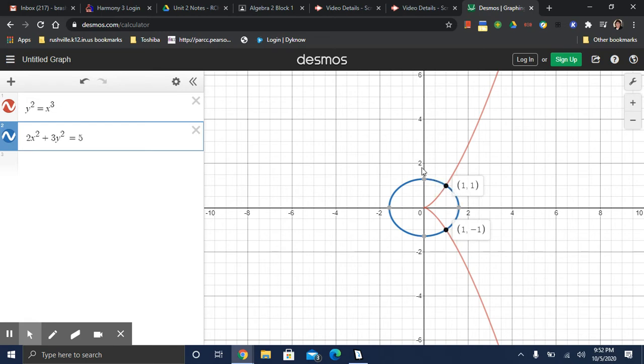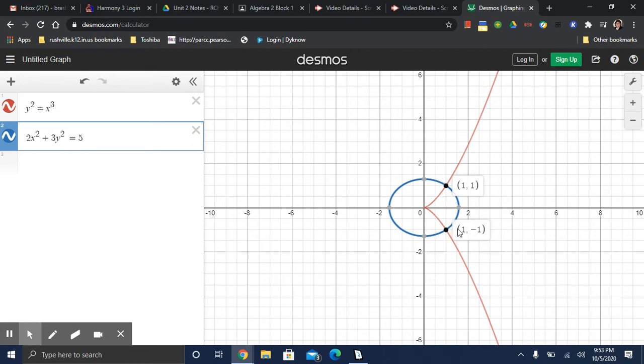to each other. So you can imagine the tangent line being drawn on this ellipse, and then the tangent line, which would be a little harder to draw, but the tangent line drawn on this y squared equals x to the third, on that graph, those two tangent lines, if they are perpendicular to each other, then these two graphs are orthogonal at 1, 1.